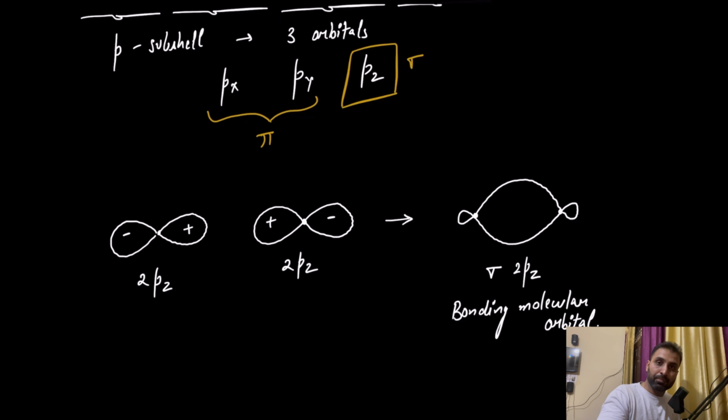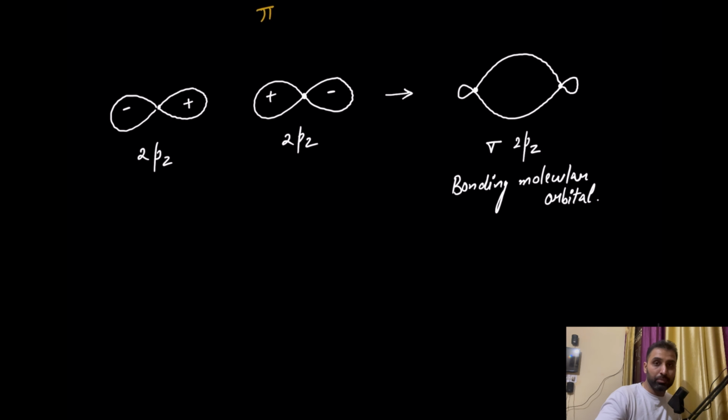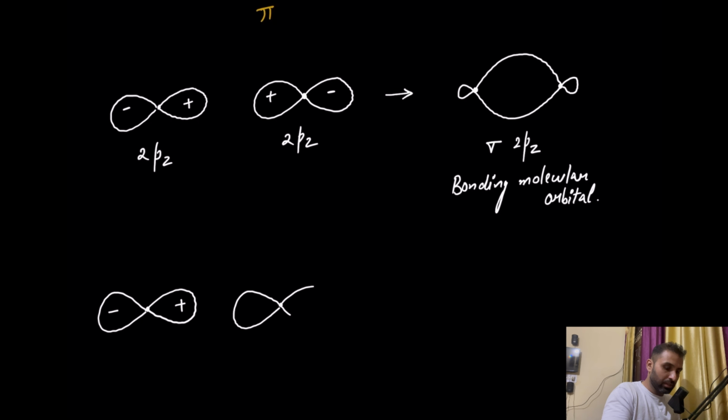Now, let's move to the anti-bonding molecular orbital. That's again p, minus plus, and that's again p of another atom, that's again minus plus.